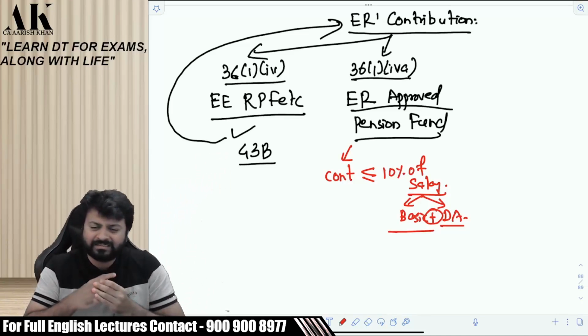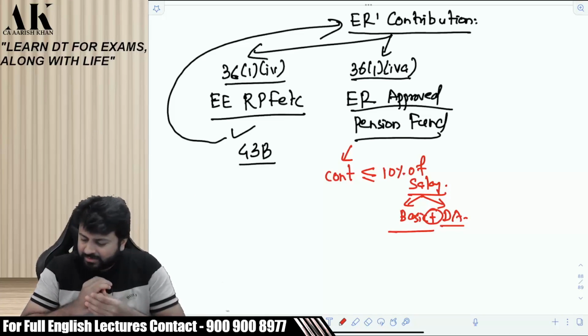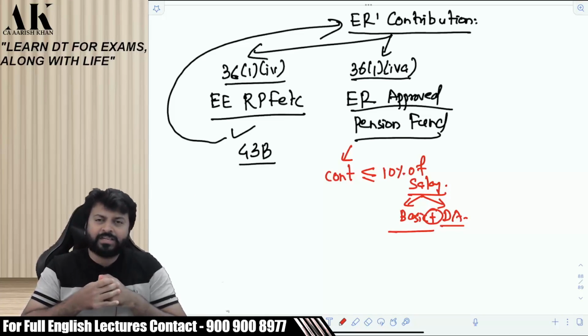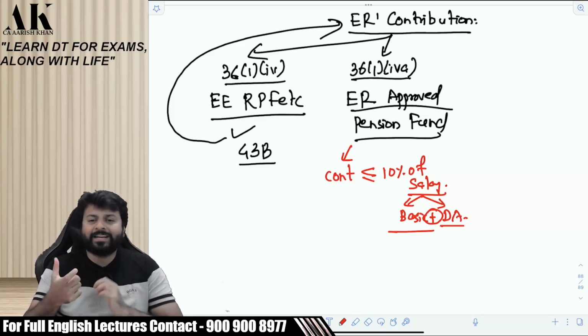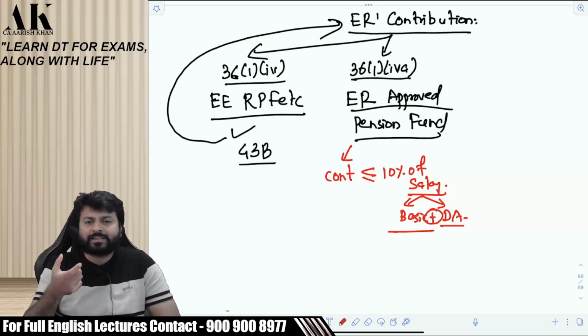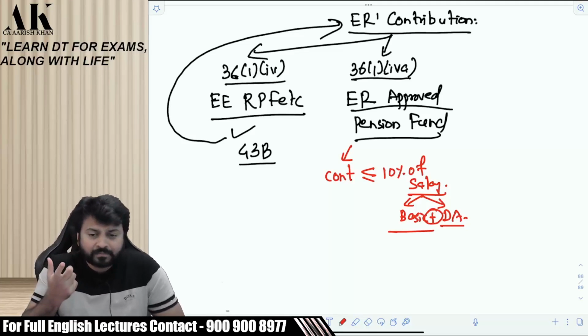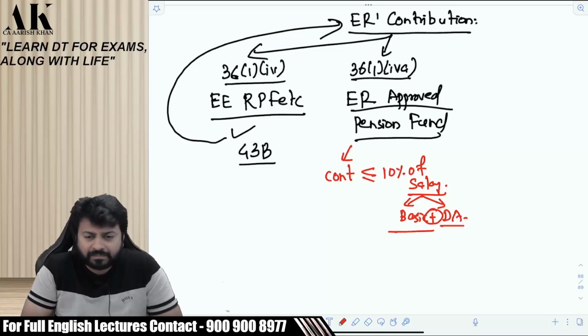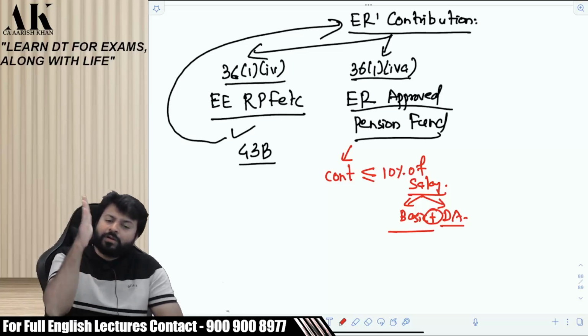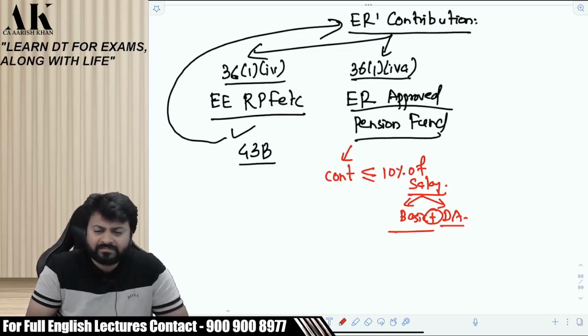Do you remember that? So salary for the purpose of this particular section is basic salary plus DA in terms, right? So if the salary, that is basic plus DA, is say 30 lakhs. How much? And I am contributing 4.5 lakh. How much? Then the deduction would be only 3 lakh rupees. Is it clear to everyone?